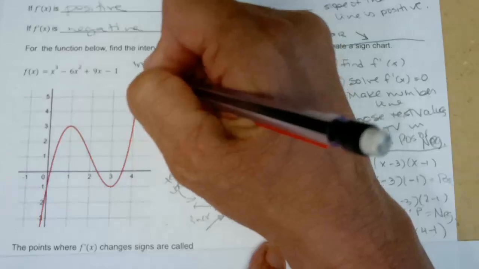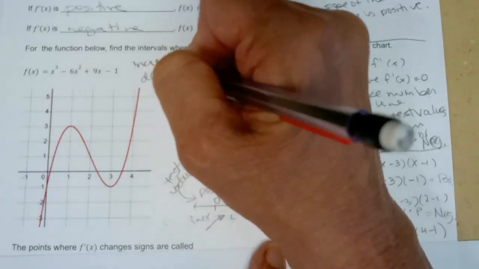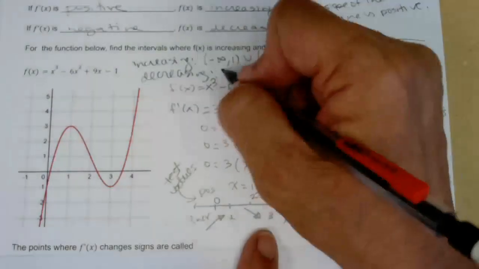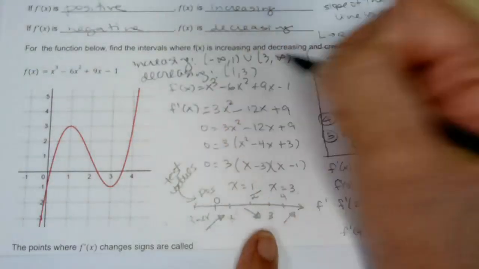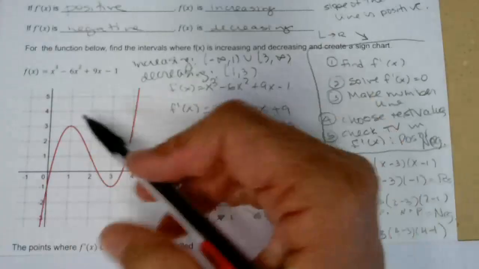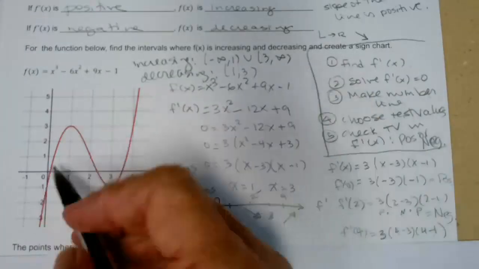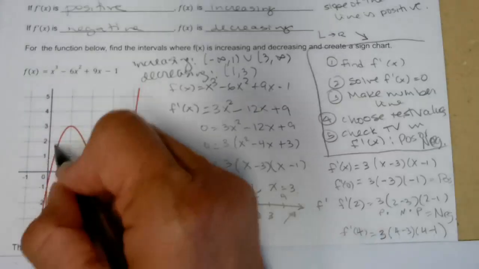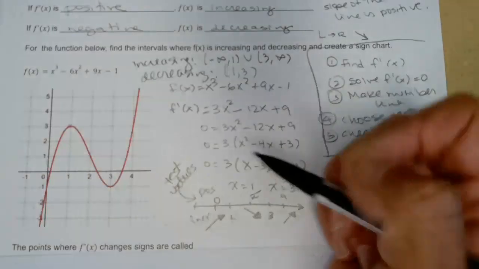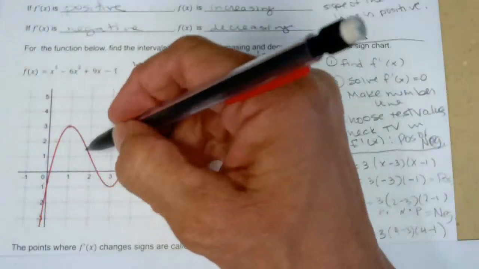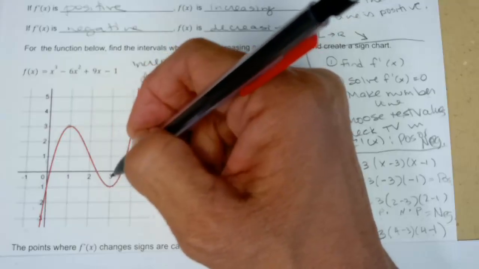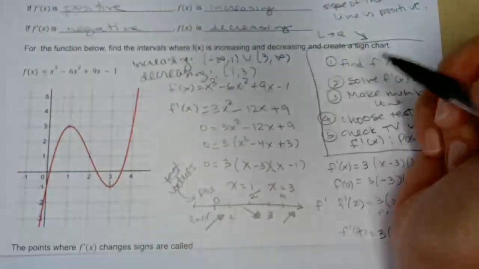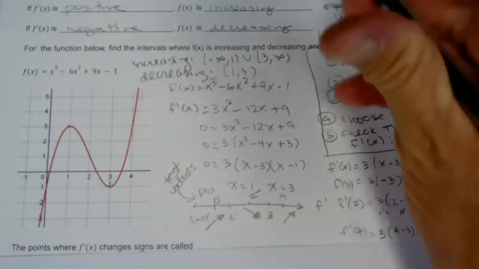And where is it decreasing? Between 1 and 3. And that totally makes sense on our graph, right? If we're walking from left to right, we're walking uphill from negative infinity until we get to 1 where we stop. And then we walk downhill, decreasing, until we get to x equals 3. And then we start walking back uphill again from 3 till infinity.